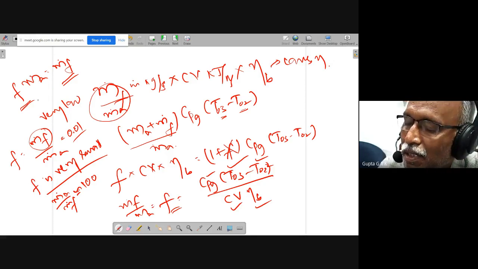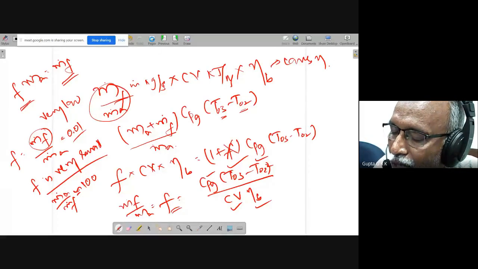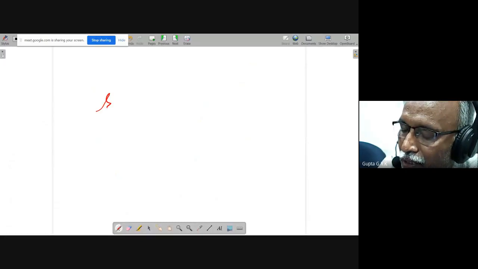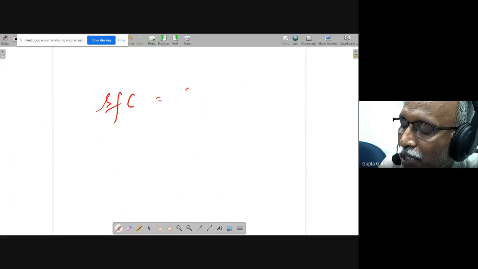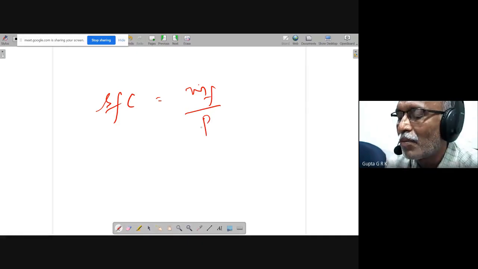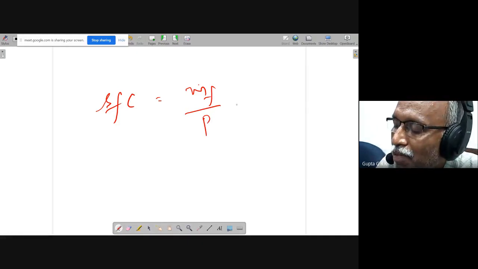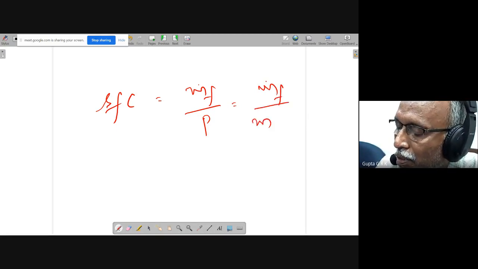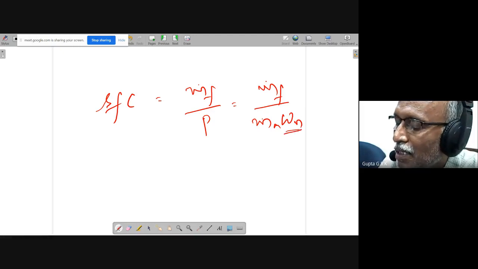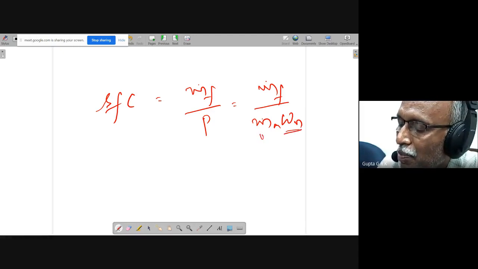Okay. And then you have what is called SFC, specific fuel consumption, meaning mass flow of fuel per unit power. So power is equal to m dot a Wn. Wn is kilojoule per kg, this is per kg, and m dot a is kg per second.